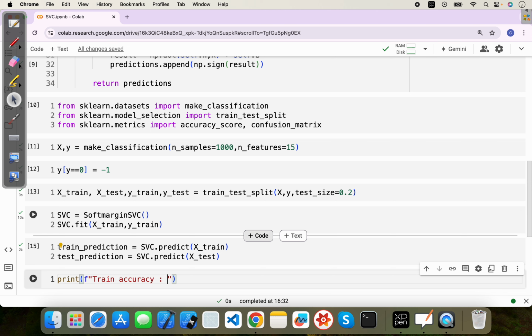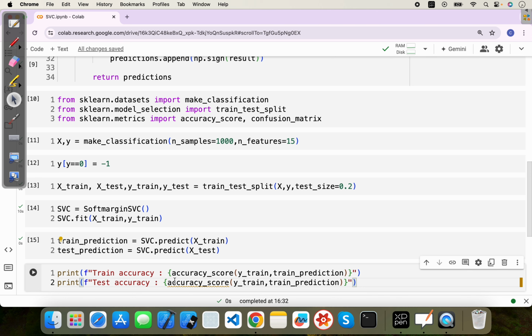Train accuracy is accuracy_score of y_train and train prediction, right? Same for the testing set.